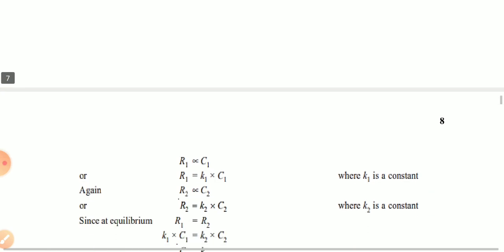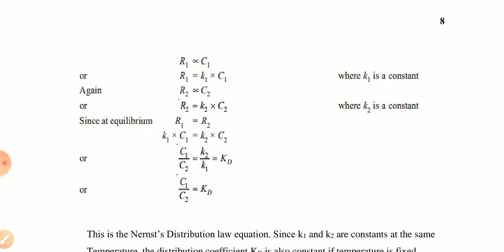So now, if R1 is directly proportional to C1, then R1 equals K1 into C1, and if R2 is proportional to C2, then R2 equals K2 into C2. As we know that at equilibrium the rates for both solvents are equal, R1 equals R2.